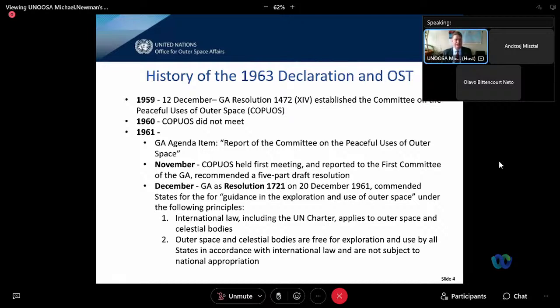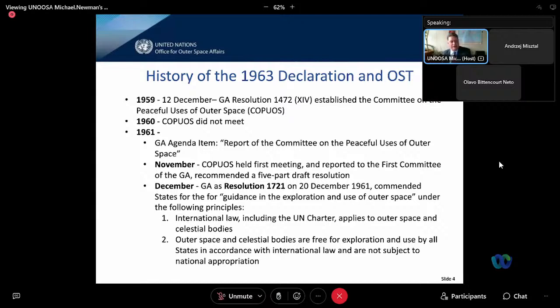In 1960, COPUOS did not meet. In 1961, the GA included the report on the Committee on the Peaceful Uses of Outer Space on its agenda. And in November of that year, 1961, COPUOS held its first meeting and reported to the First Committee.